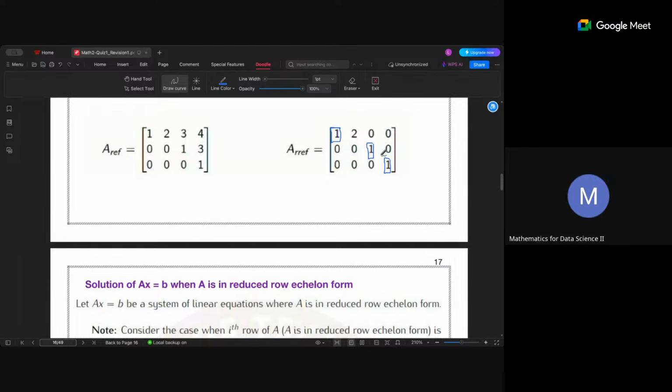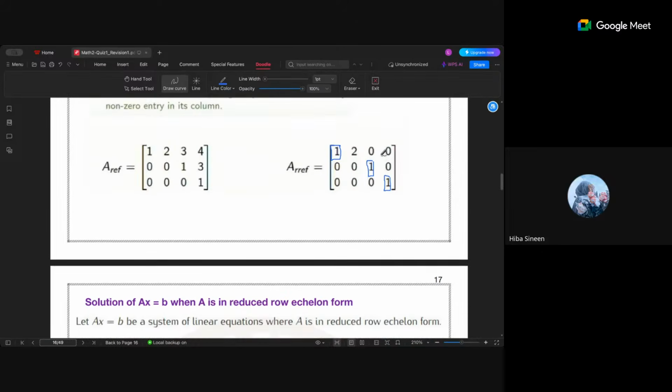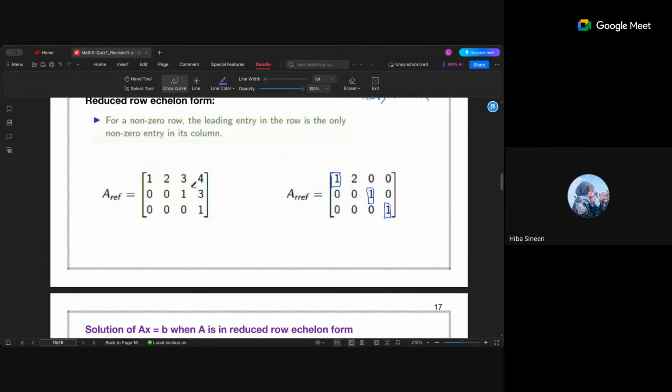It is just REF. Okay, but ma'am, in some places I've seen only A24 should be 0. Yeah, that is REF. So for example, this is REF. This is RREF, reduced row echelon form.